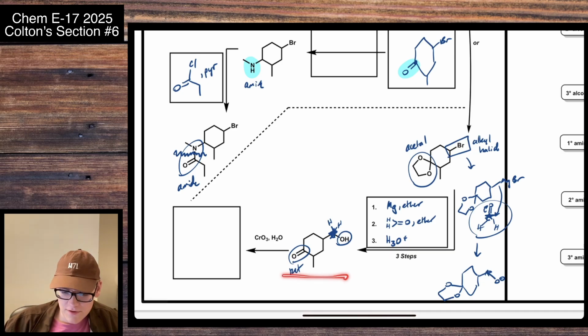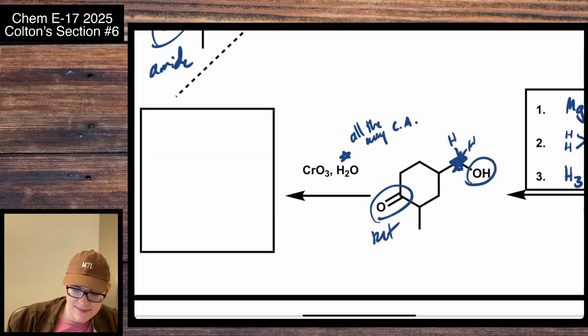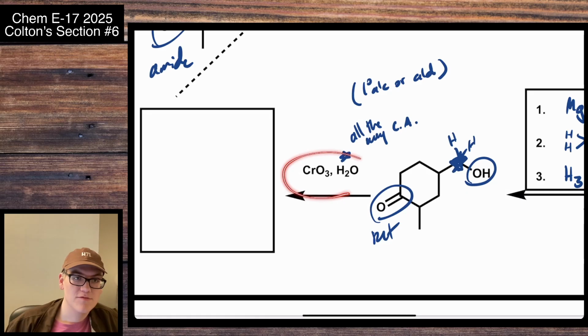And then we have chromium trioxide and H2O. So remember, H2O as the sidekick takes it all the way to a carboxylic acid, and that is only really applicable to a primary alcohol or an aldehyde. You don't need to know the mechanism for it, but the core idea is this chromium gobbles up a hydrogen at the carbon.